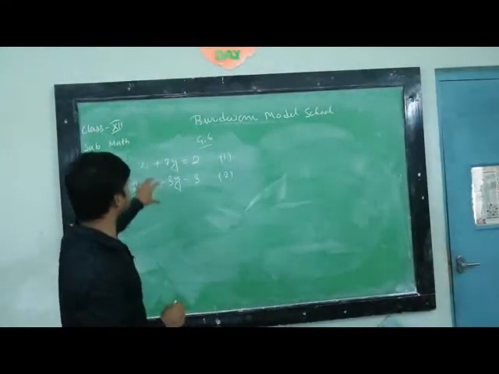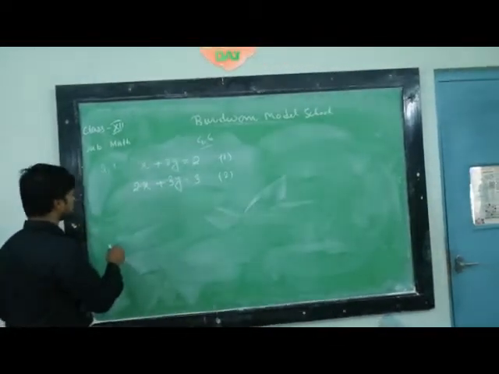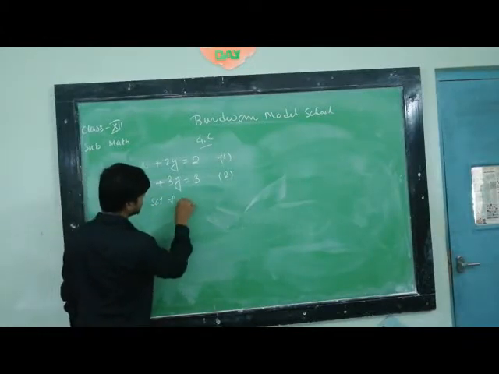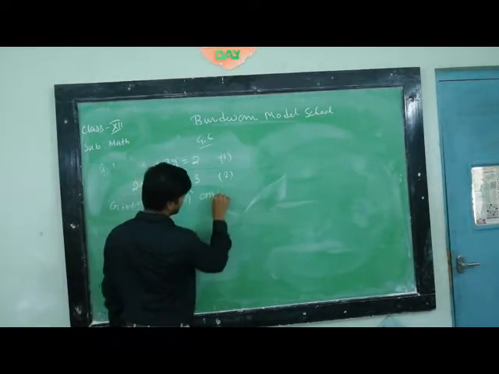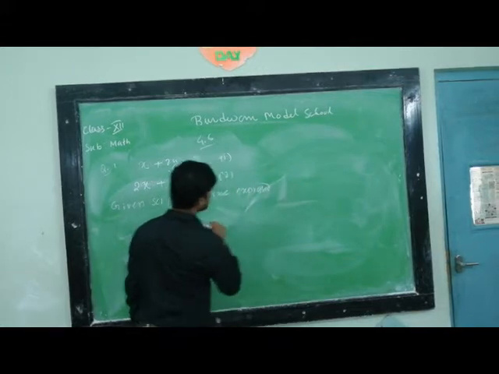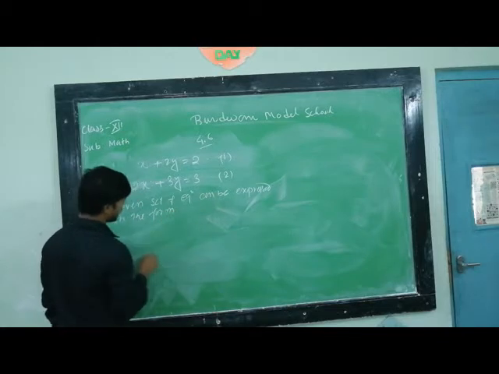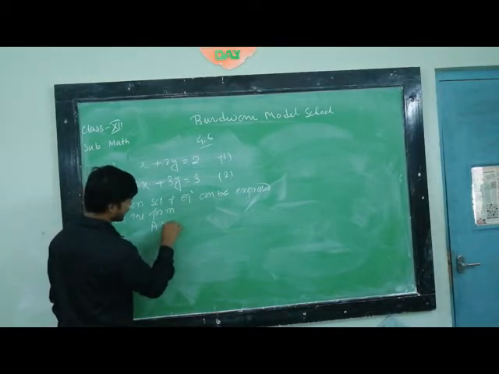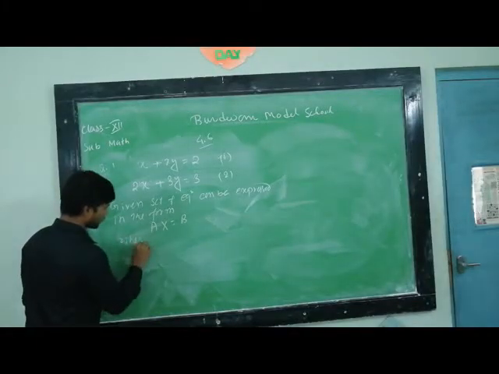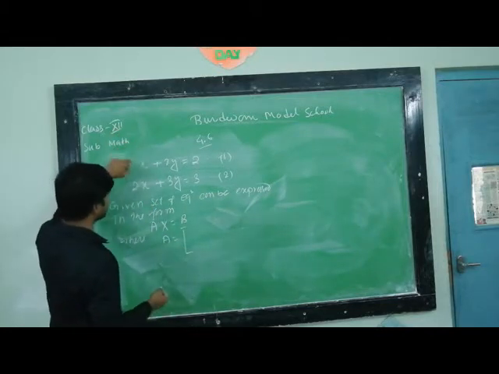So first we have to convert this equation into matrix form. The given set of equations can be expressed in the form AX = B, where A will be a 2 cross 2 matrix containing the coefficients of x and y.